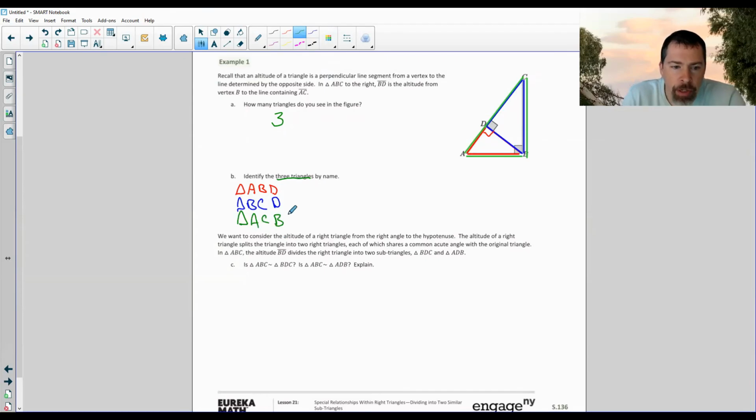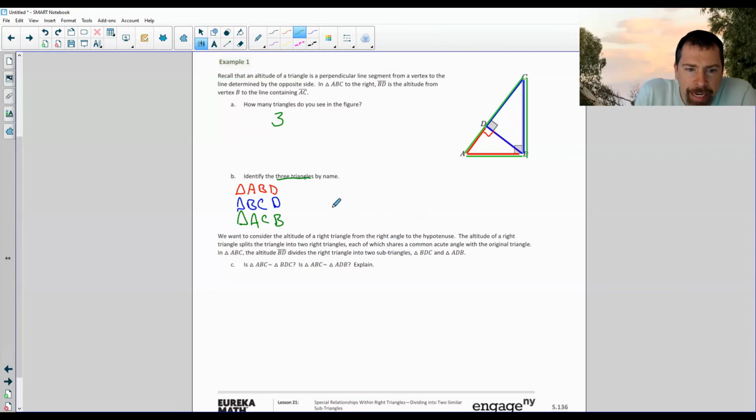There's the 3 triangles. We want to consider the altitude of the right triangle from the right angle to the hypotenuse. So they're talking about D to B. The altitude of a right triangle splits the triangle into 2 right triangles, each of which shares a common angle with the original triangle. In triangle ABC, the altitude BD divides the right triangle into 2 subtriangles, triangle BDC and triangle ADB.